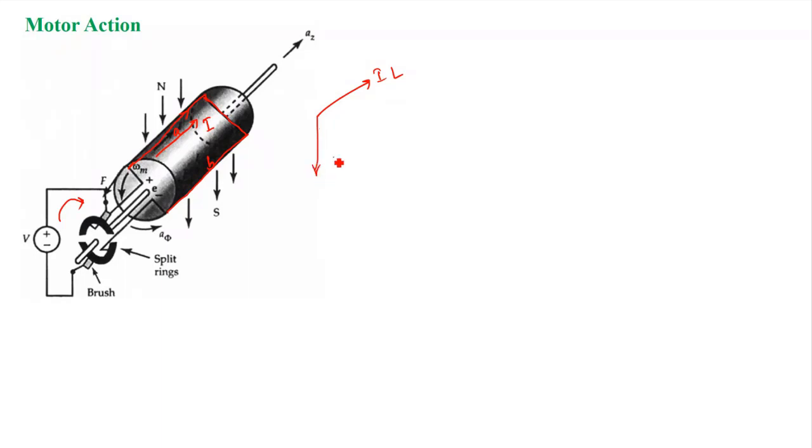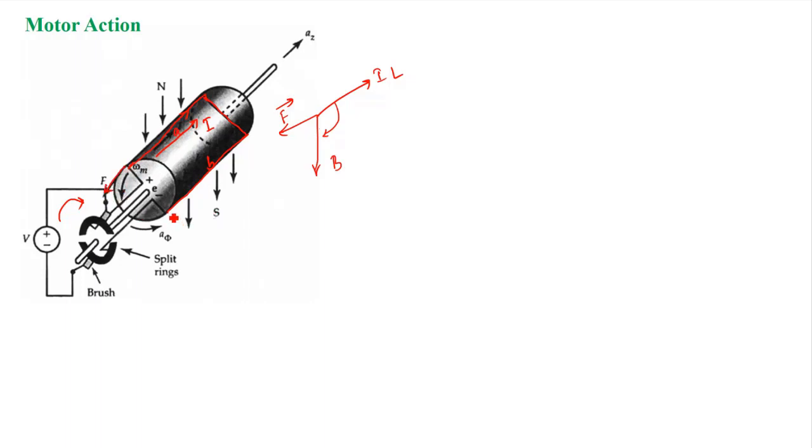So this is the downward field. If they are perpendicular, your force will be in which direction? This is the cross product. The force will be perpendicular to the plane of IL and B. So now the force on conductor A will be in this direction.